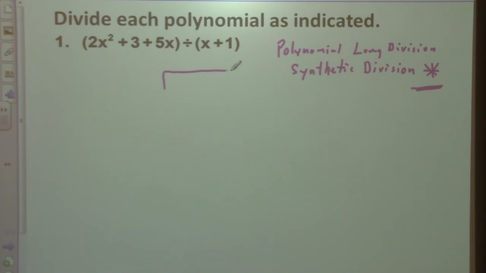So what goes in here? 2x squared. Okay, 2x squared plus 5x plus 3. And then outside goes x plus 1. Is this correctly designed?